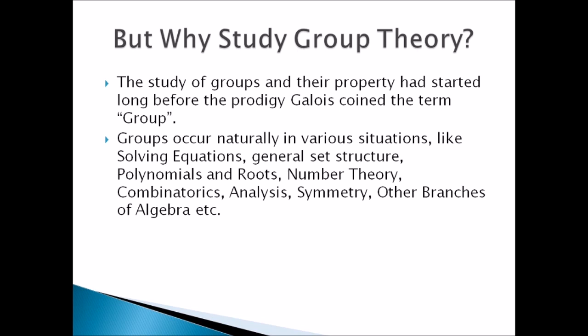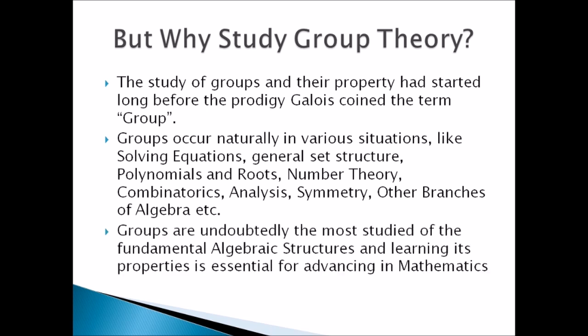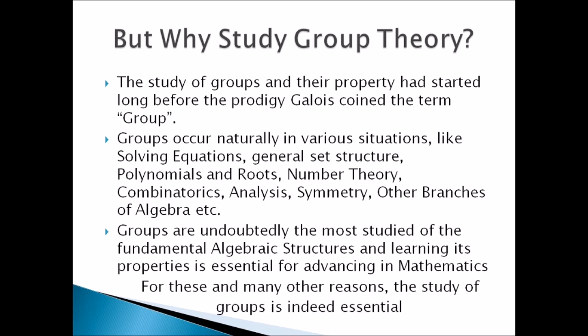It's a fundamental algebraic structure in mathematics, and perhaps one of the most well-studied ones. So you need to study groups properly, not just for mathematics or advancing in mathematics, but also to advance in related mathematical sciences. Hence, for these and many other reasons, it's difficult to put all of them in one presentation or one video. The study of groups becomes very essential. So let's start.